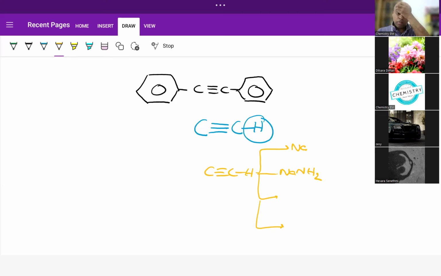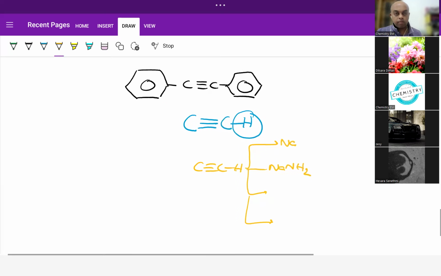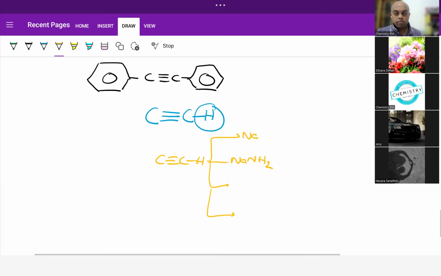Acidic alkynes react with sodium, sodamide. What else? Correct. One answer is AgNO3 and ammonia.